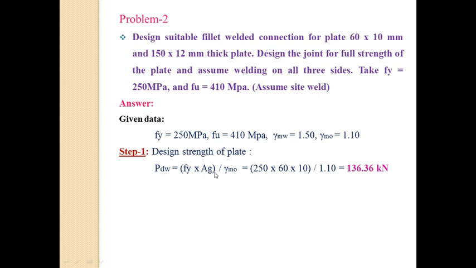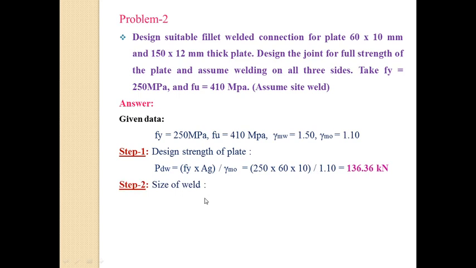Fy we know, gross area of the plate we know, gamma m0 we know, that is 1.10. Putting all the values in the formula, we get 136.36 kilonewton. This is the factored pull or ultimate load, for which we have to calculate the length of weld.